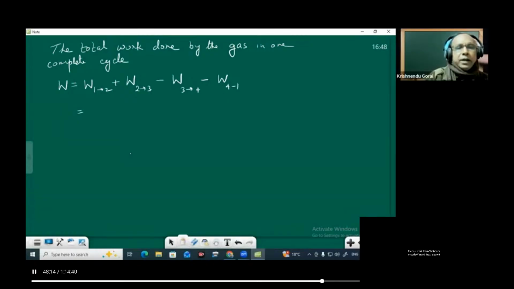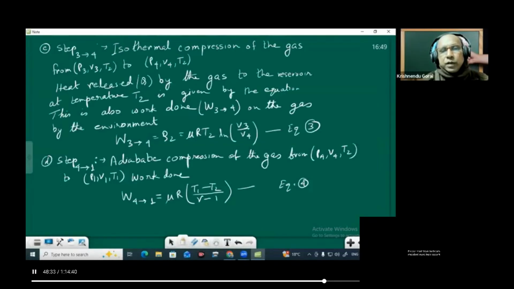Now we'll find that equation 2 and equation 4 are equal. What is equation 4? This is mu R, T1 minus T2 by gamma minus 1. And what is equation 2?